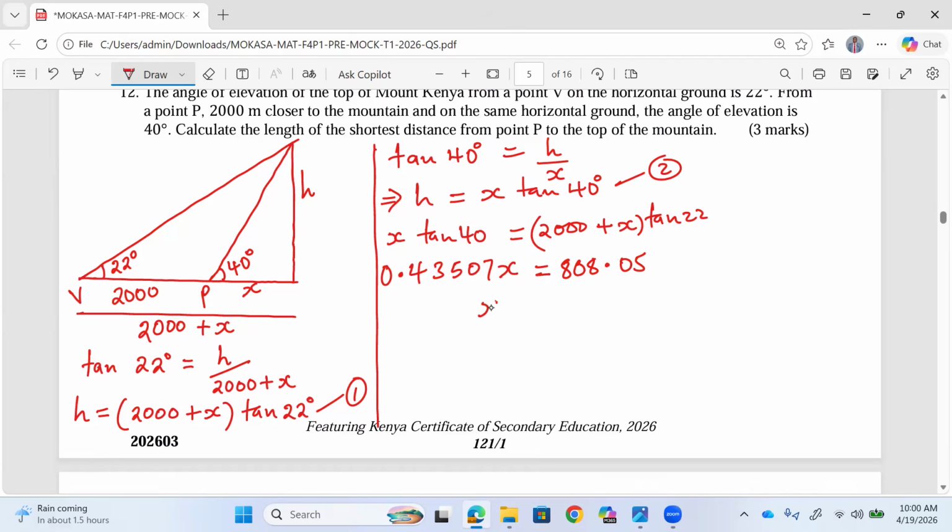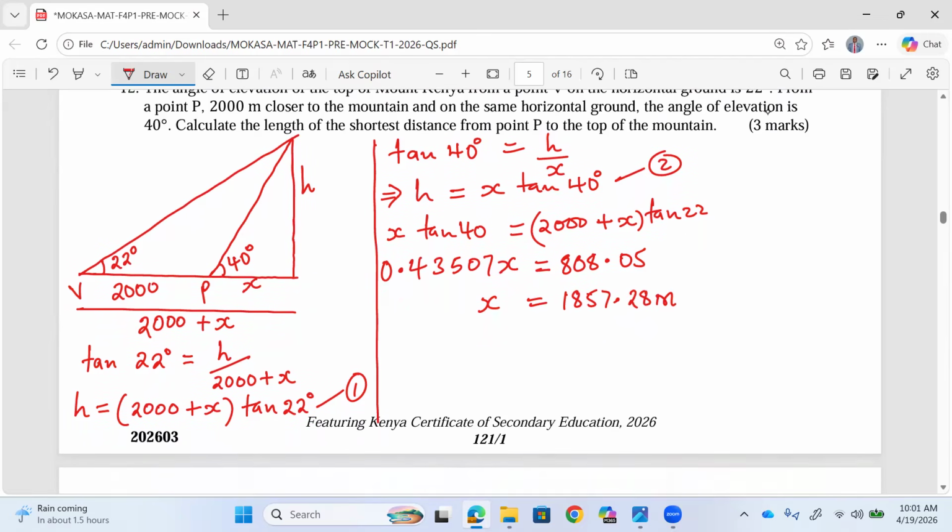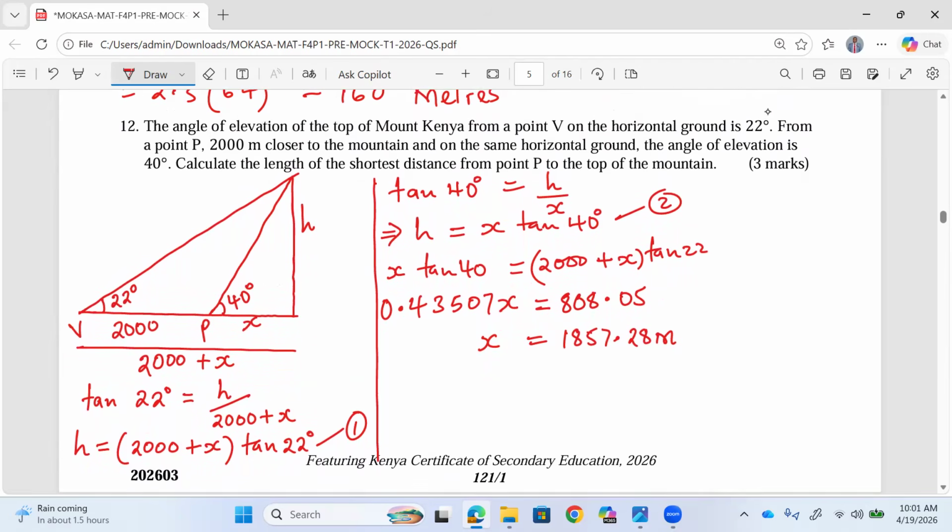And to remain with x now, we're supposed to divide this by what we have on the other side. So I'll be getting exactly 1857.28 meters. Now that we have the value of x, ladies and gentlemen, let's get back to the question.